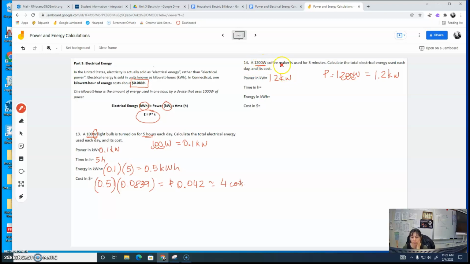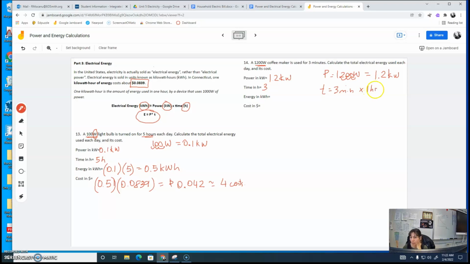All right, now I'm using this coffee maker for 3 minutes. So can I just put 3 minutes here? No, because look at my unit. If I want to use my formula, my time has to be in hours. So I've got to somehow convert that time of 3 minutes into hours. How do I do that? I'm just going to multiply by how many minutes are in an hour.